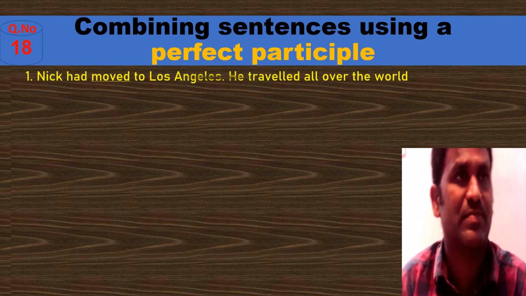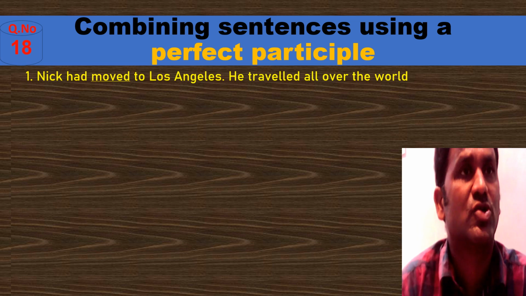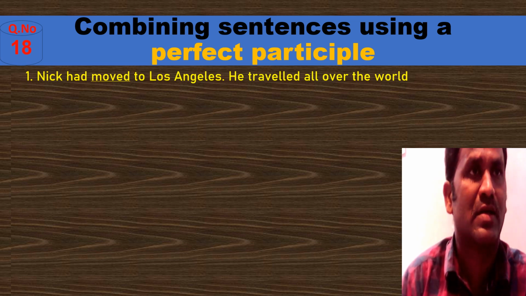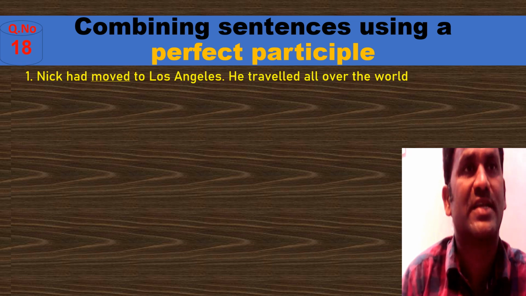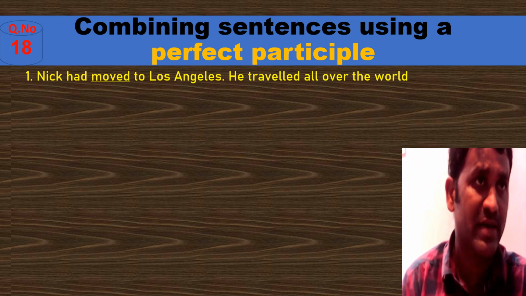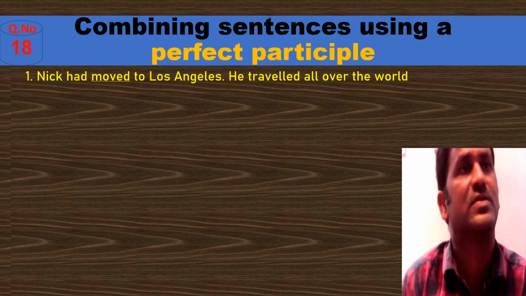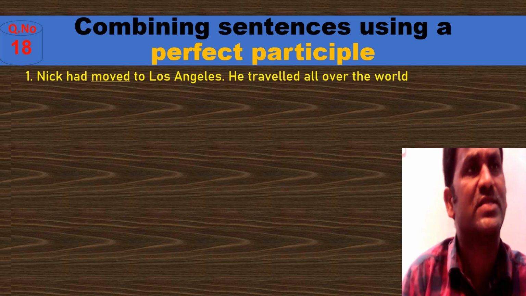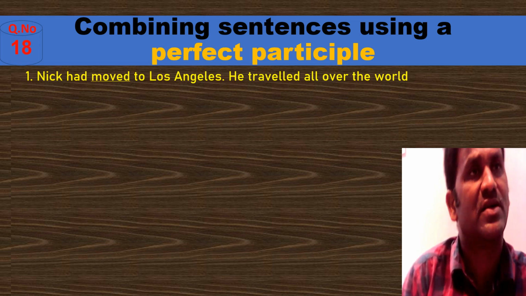Let us see the first example. Nick had moved to Los Angeles. He traveled all over the world. Now these 2 sentences are given, and now we are asked to combine using a perfect participle. So as usual, what is the perfect participle? Having plus verb third form.